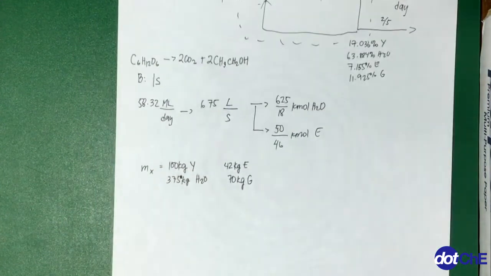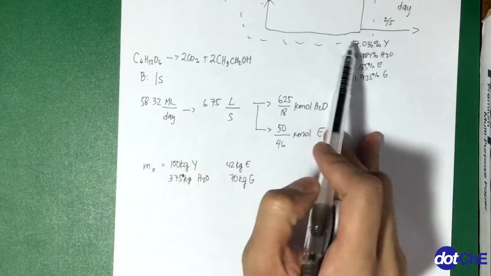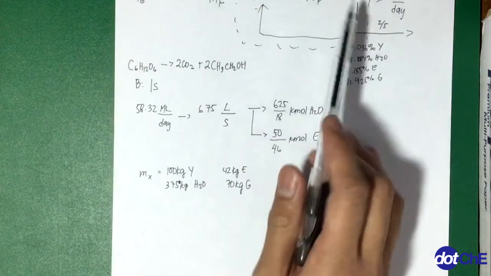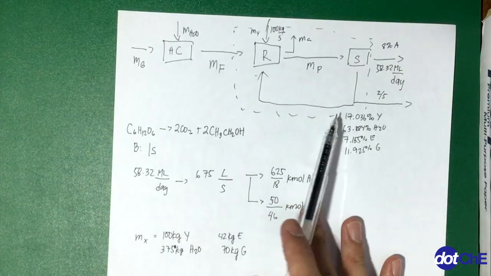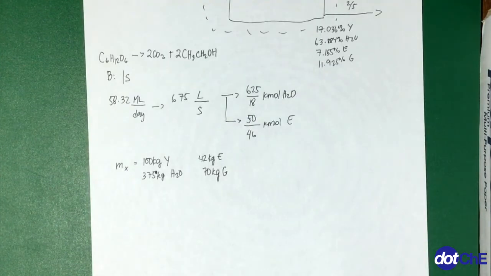We're just going to do that later, but first we're going to get the values for MF. Now, if we're going to rely on this kind of balance, we could do a reaction balance for MF, MA, and MX. So let's just continue to do that.